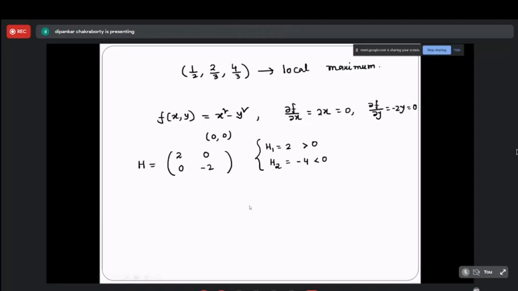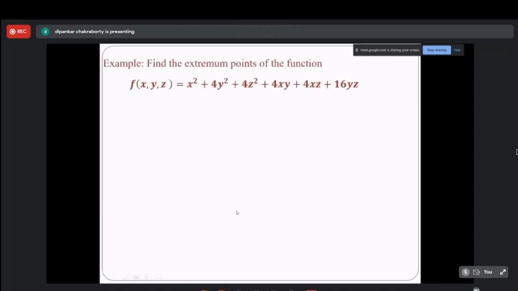Okay. Now let's take another problem to find the extreme points. Please do this one. First of all, you are going to find the partial derivatives with respect to x, y, z. So del f del x, del f del y, and del f del z. What will be del f del x?